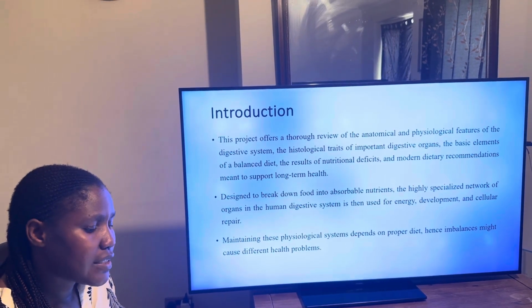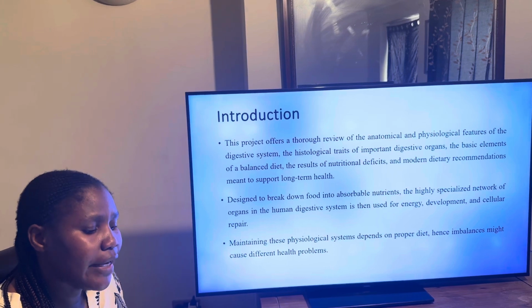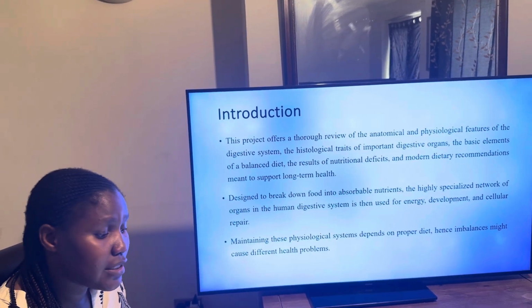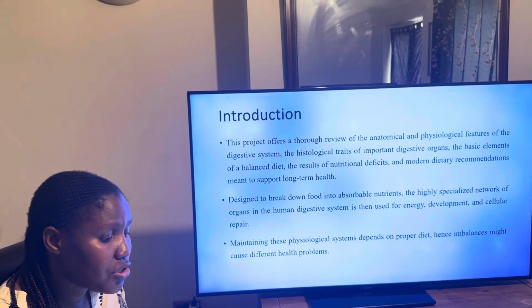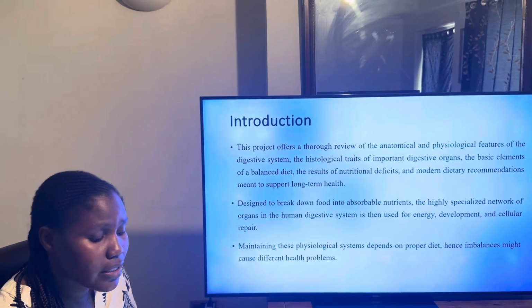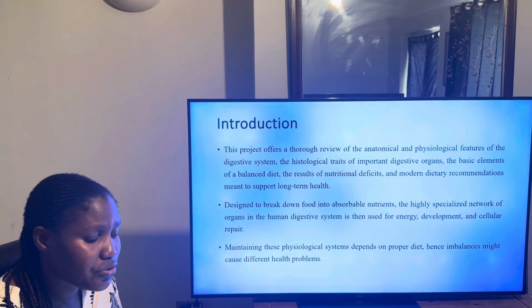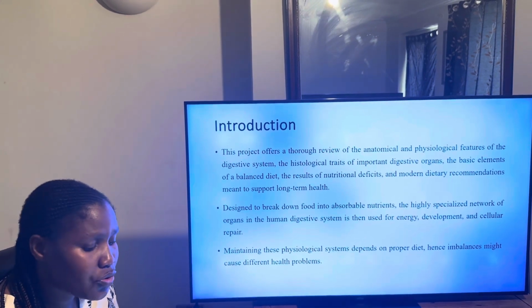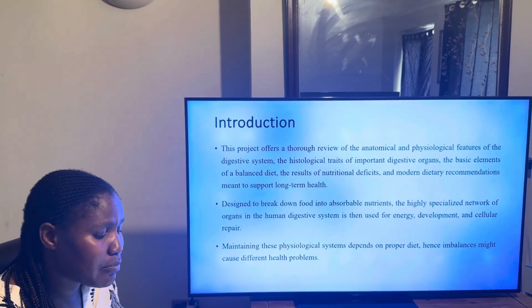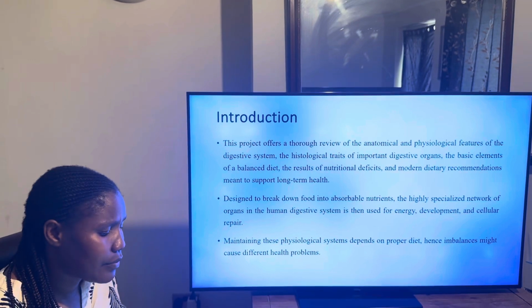This project offers a thorough review of the anatomical and physiological features of the digestive system, the histological traits of important digestive organs, the basic elements of the balanced diet, the results of nutritional deficits, and modern dietary recommendations meant to support long-term health.